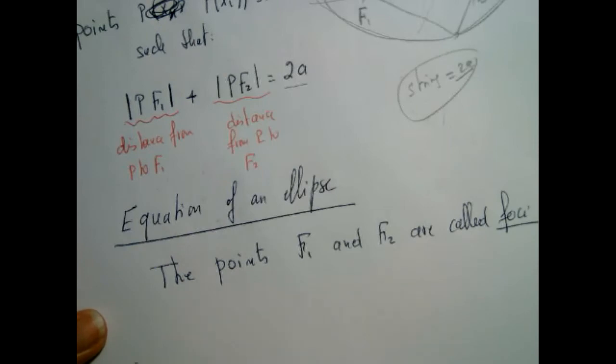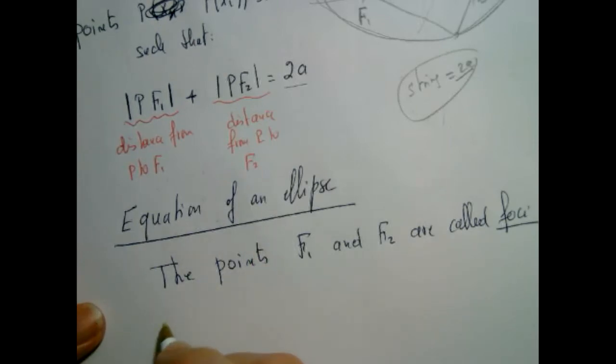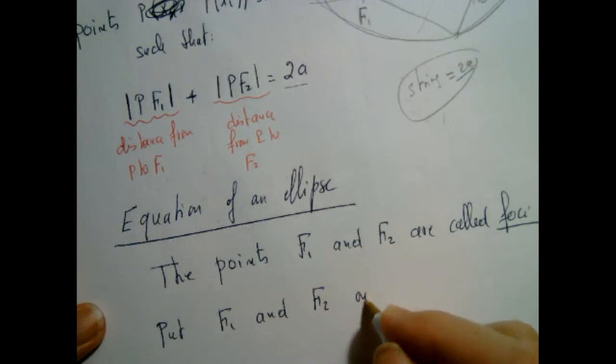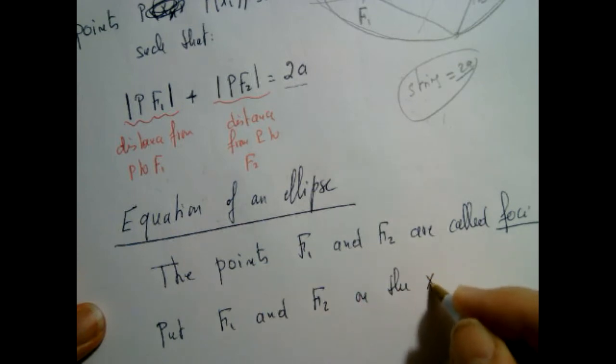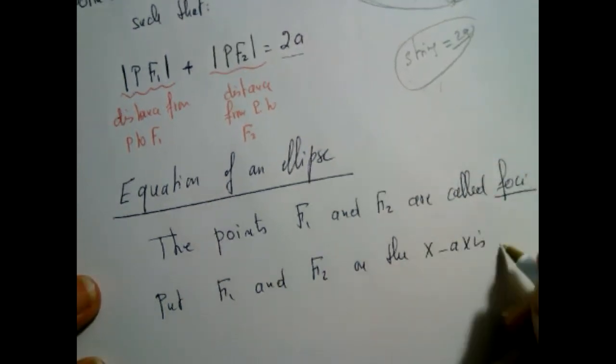And to find the equation, how are we going to find it? We're going to put F1 and F2 on the x-axis, at the following points.